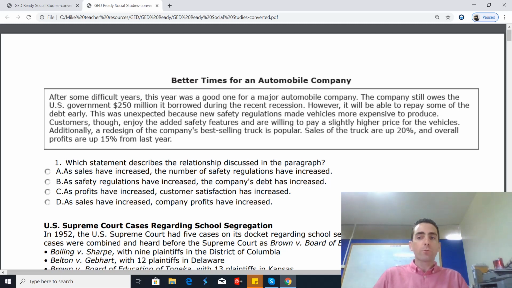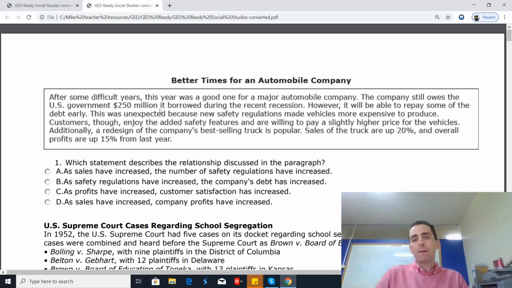However, it'll be able to repay some of the debt early. This was unexpected because new safety regulations made vehicles more expensive to produce. Customers, though, enjoy the added safety features and are willing to pay a slightly higher price for the vehicles. Additionally, a redesign of the company's best-selling truck is popular. Sales of the truck are up 20% and overall profits are up 15% on last year.